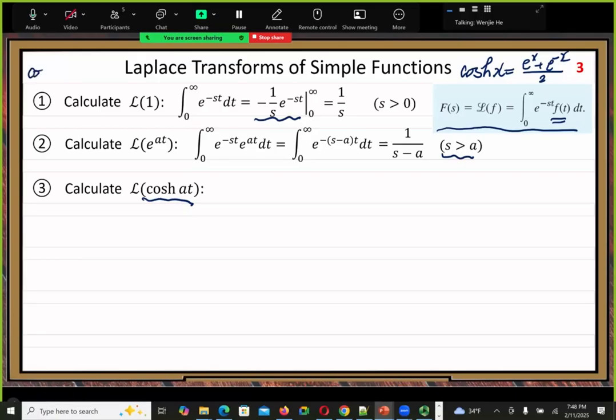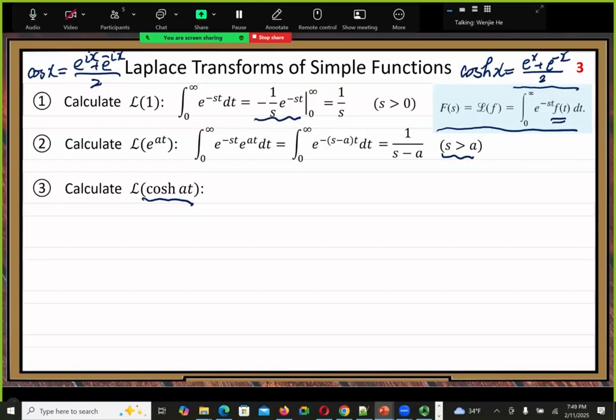You compare it with our regular cosine x, which is e to the ix plus e to the negative ix, with the imaginary unit i. So you can see the difference: we remove that i here. That's the hyperbolic cosine function.